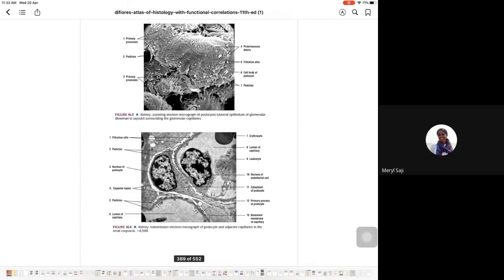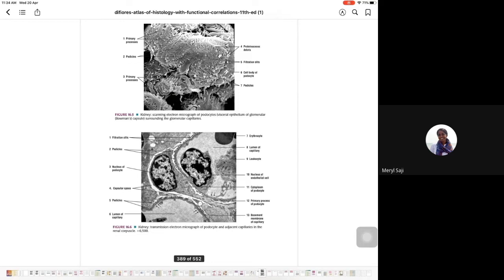Figure 16.5, kidney scanning electron micrograph of podocytes. That is visceral epithelium of glomerular or Bowman's capsule surrounding the glomerular capillaries. We see primary processes, pedicles, again primary processes, proteinaceous debris, filtration slits, cell body of podocyte and pedicles.